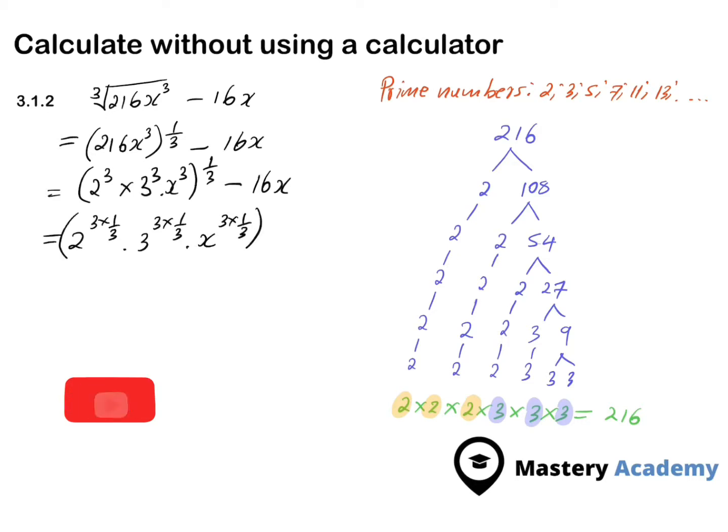Let me put this under brackets, and then minus 16x. Therefore, 3 times 1 over 3 is equal to 1. So this is 2 to the power of 1, or you can just simply write 2 without the exponent.